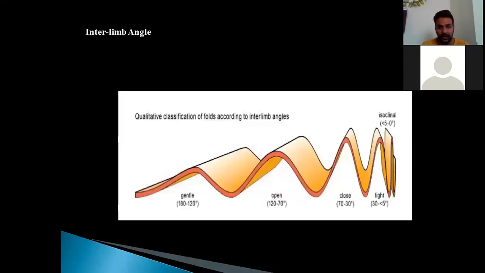Then we have seen the interlimb angle, where the folds are classified on the basis of interlimb angles. If the angle is 120 to 180, it is called gentle. If it is more compressed, then open, then close, then tight, and ultimately you get an isoclinal fold.